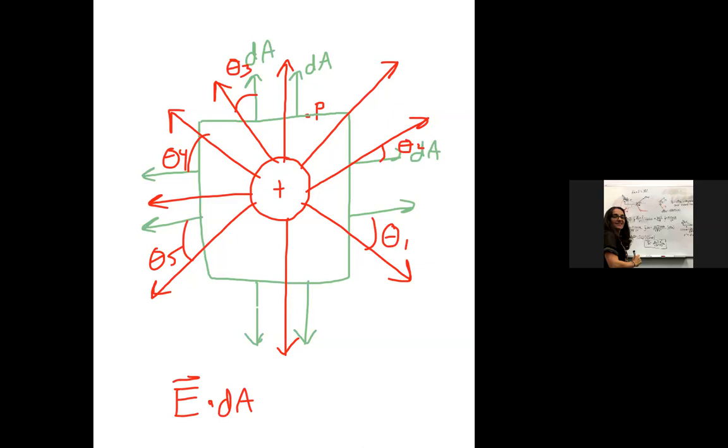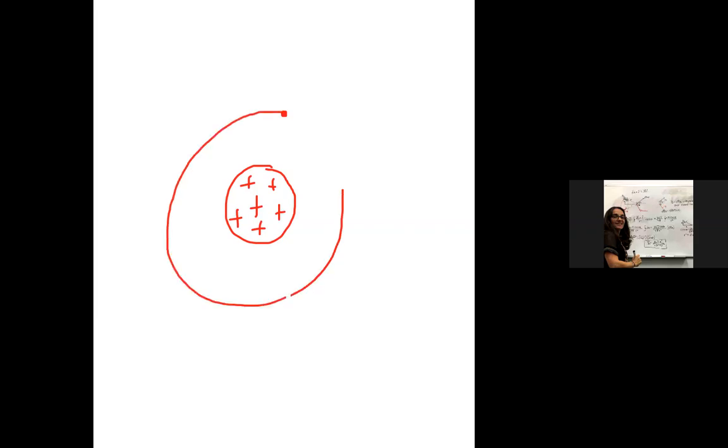Instead, why don't we match the distribution? Here's my charge. I want to know what the electric field is there. Let's use a Gaussian surface matching the distribution. I usually draw it as a dotted line just to remind myself it's not a real thing.